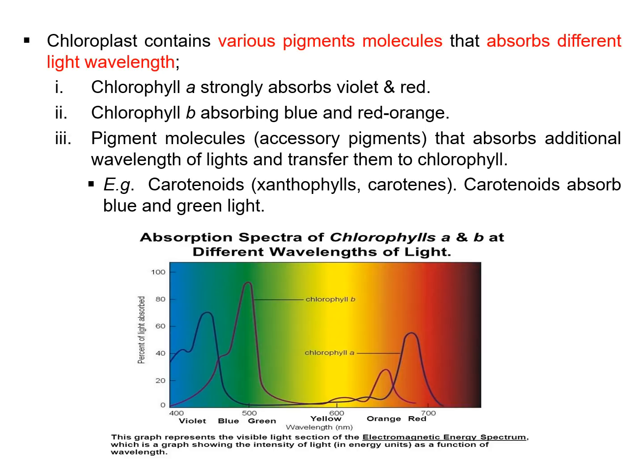So now we know in a plant there will be various pigment molecules in the chloroplast which will absorb different types and different levels of wavelength, but all together they will function to perform photosynthesis.